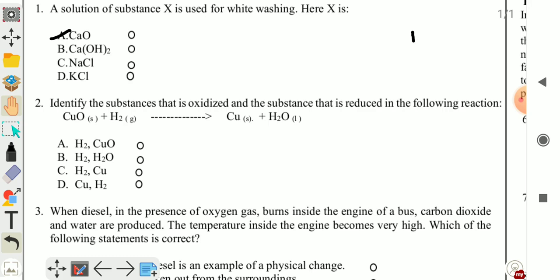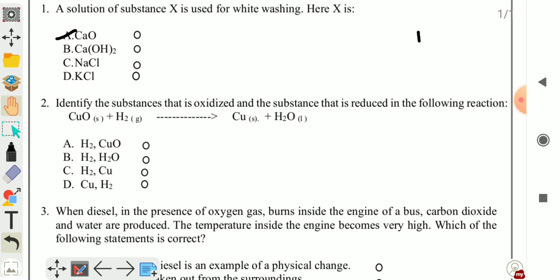Oxygen is removed from copper oxide and it is converted into copper, so copper oxide is reduced.